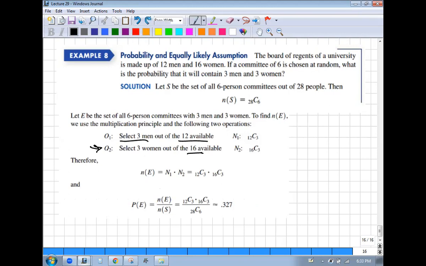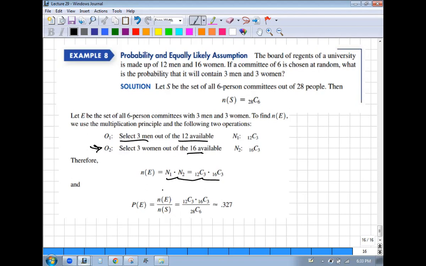So remember the multiplication principle. We have to take these numbers and multiply them together, which is a pretty big number anyhow. You multiply those together, and that's the total number of committees that have 3 men and 3 women out of all the possible committees.